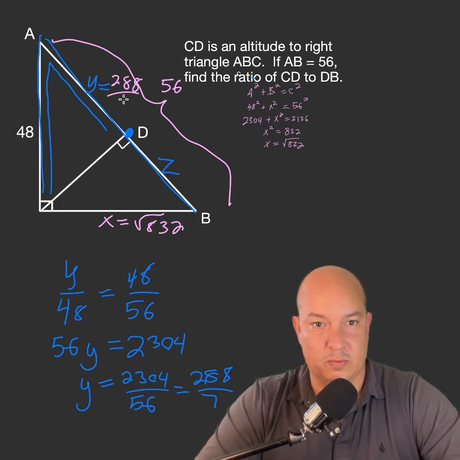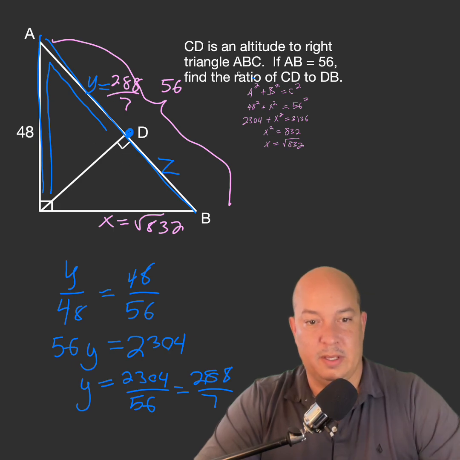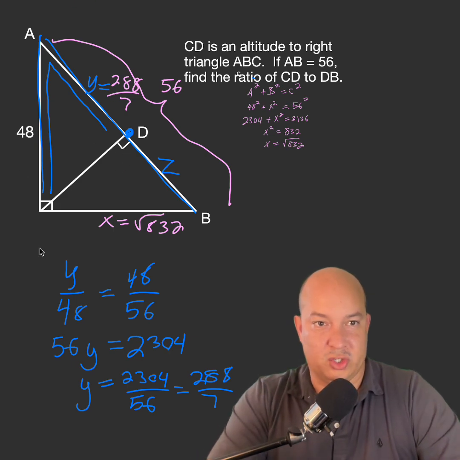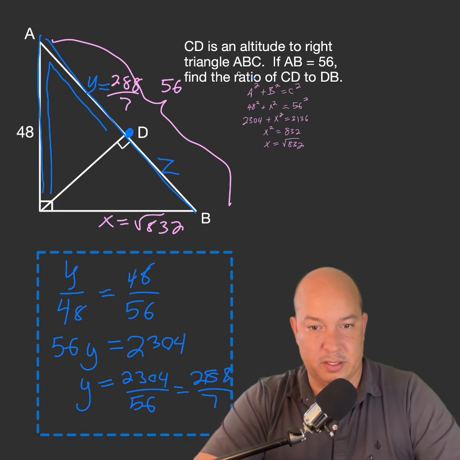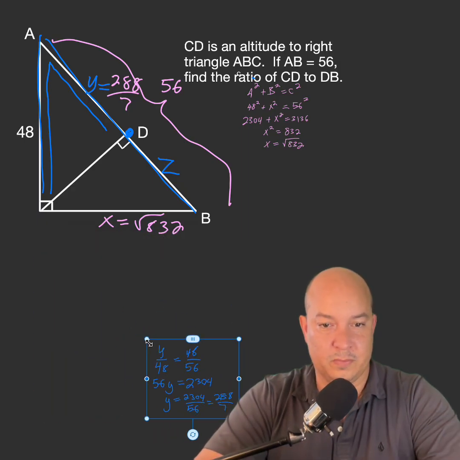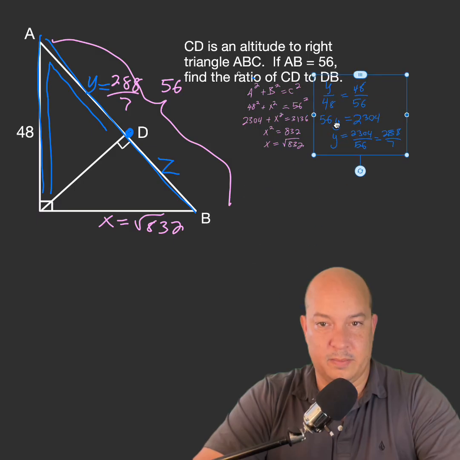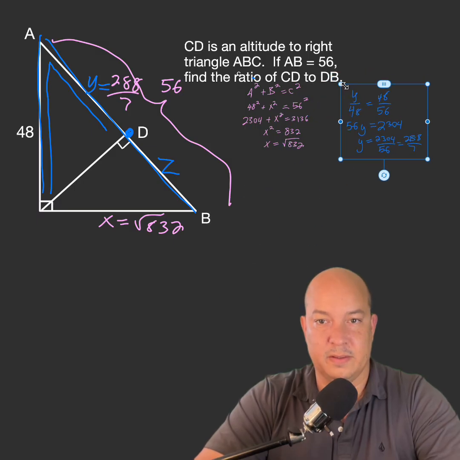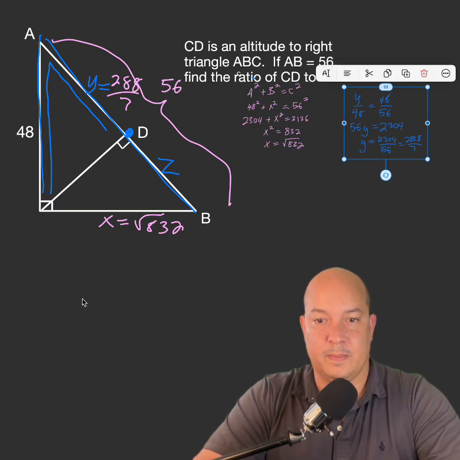288 over 7. And let's go ahead and shrink this work so we can do some more work. Get that out of the way. Put it over here somewhere. Okay.